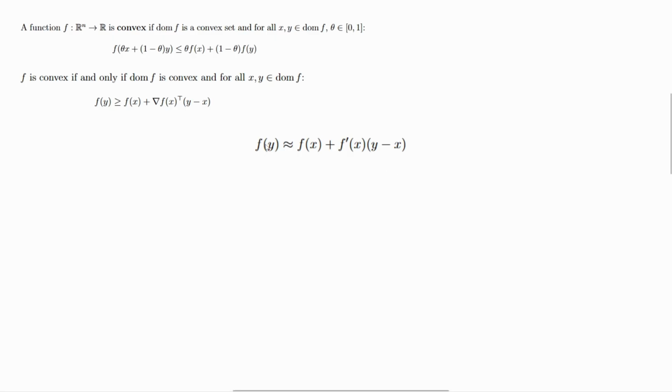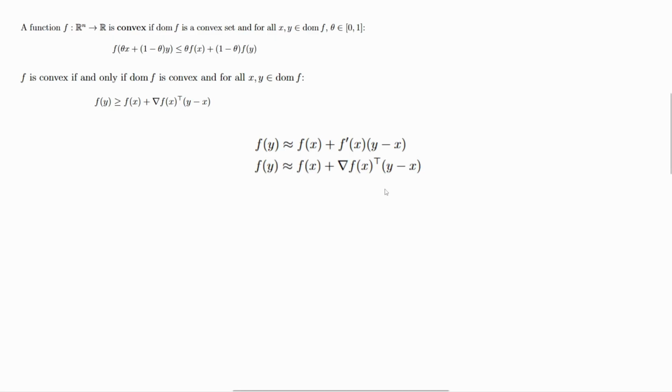The output f of y is approximately equal to f of x plus the slope at point x multiplied by the difference. In this case, the input space is only one-dimensional, but if the input space goes to n dimensions, it generalizes to the gradient, like this.